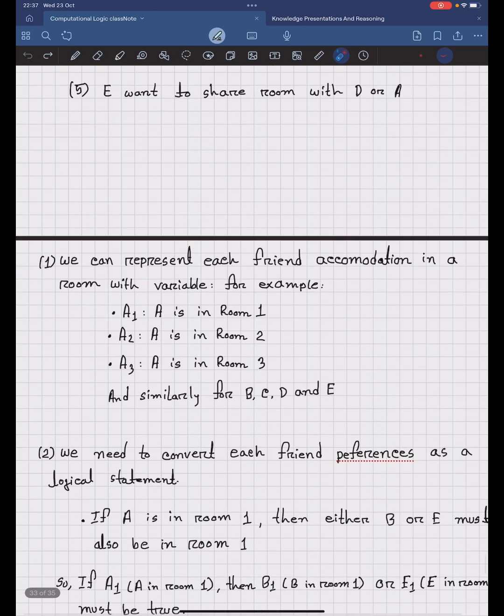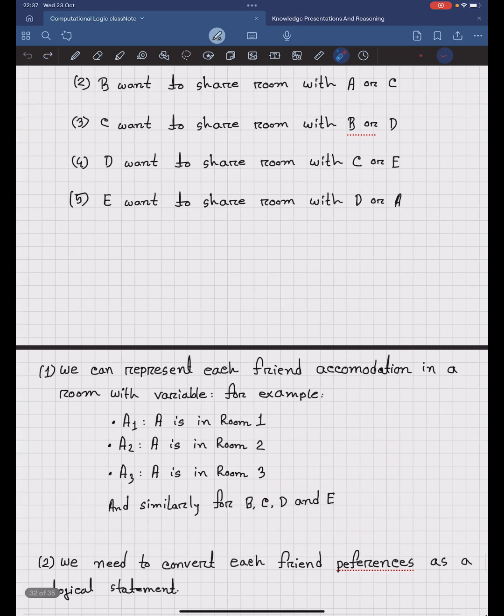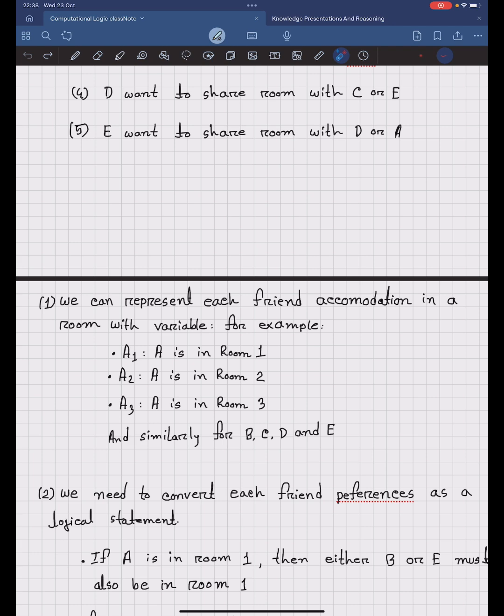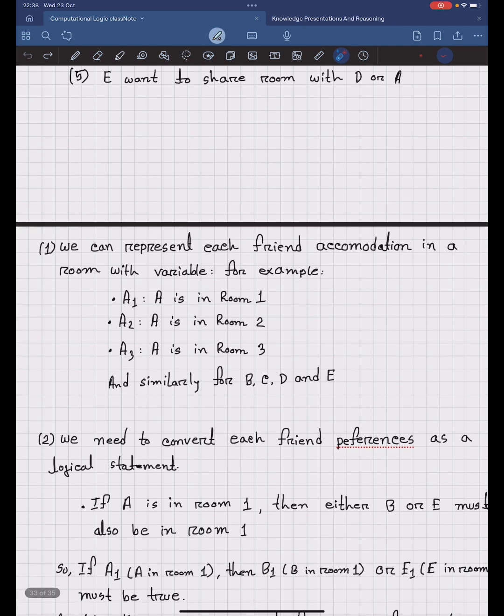And now our first steps are coming. But here a question comes: can we accommodate all the friends based on their preferences, and can we make sure that each friend is assigned to one room and that no room has more than two friends? How can we do that? First of all, we want to assign a value, so we can represent each friend's accommodation in a room with a variable, like a1, a2.